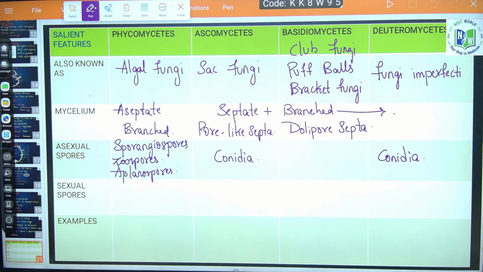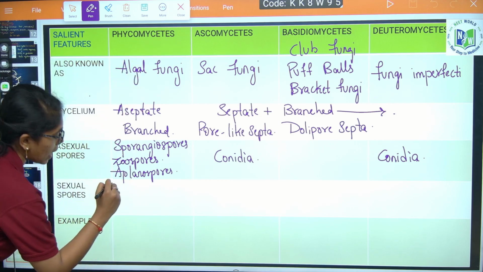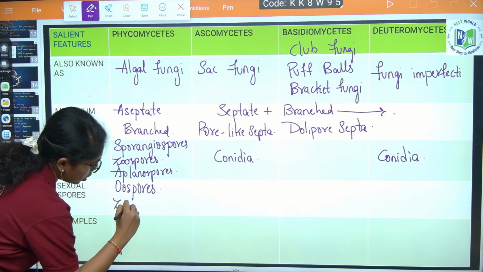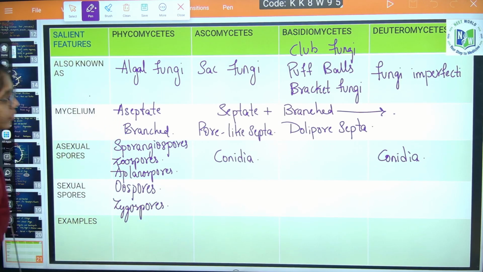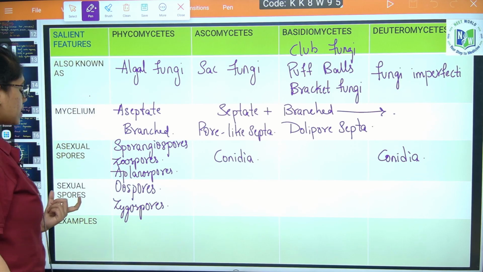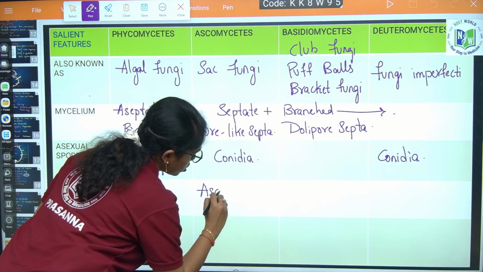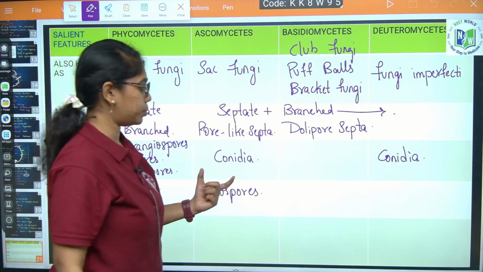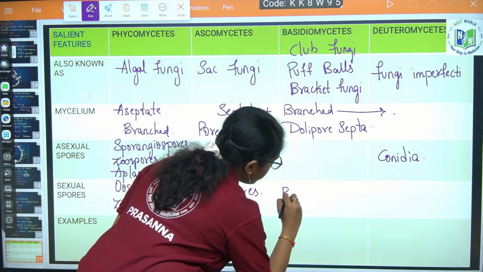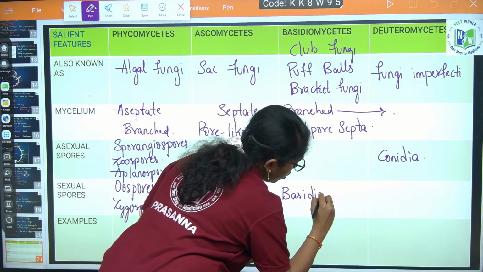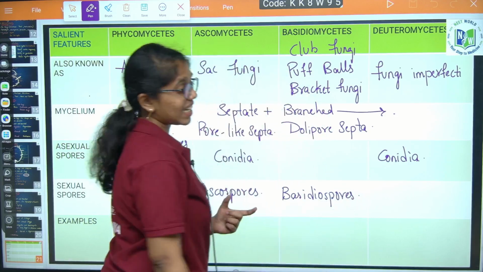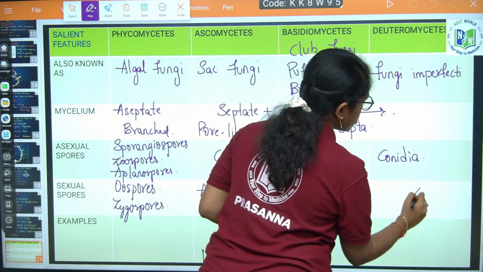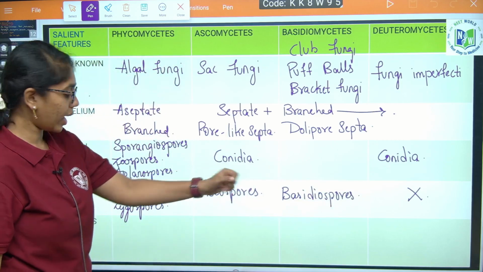Sexual spores of Phycomycetes are oospores for oomycetes and zygospores for zygomycetes. Okay. In Ascomycetes, the sexual spores are what? Ascospores, which are endogenously formed in ascocarps. Basidiomycetes, it is basidiospores, which are exogenously released out of the basidiocarps. Deuteromycetes, there is no sexual reproduction.